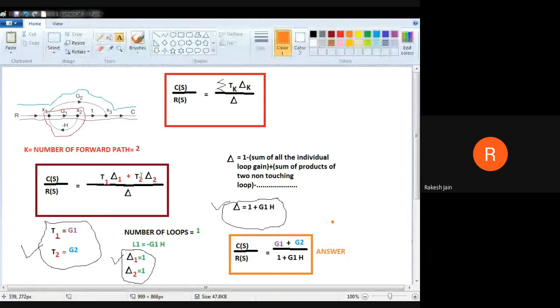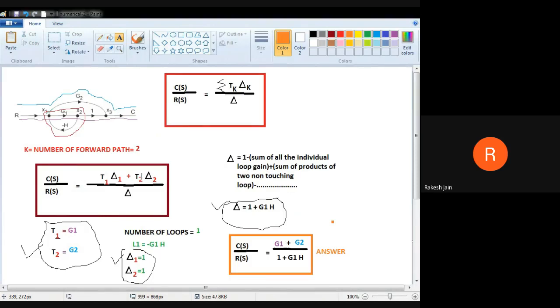Okay, so with the help of signal flow graph, a very common strategy is to follow the step by step procedure. First, once again I repeat and then end today's class. With the help of signal flow graph, we can also find the transfer function of any system like the block diagram reduction technique, but here we use Mason's gain formula, which is the sum of Tk del k upon del, where the value of k depends on the number of forward paths.